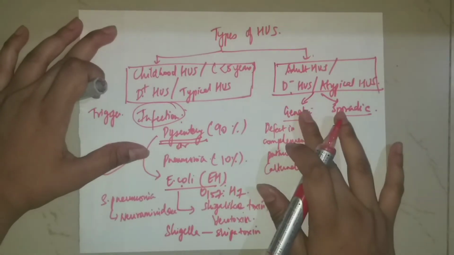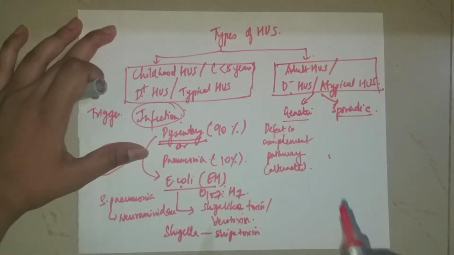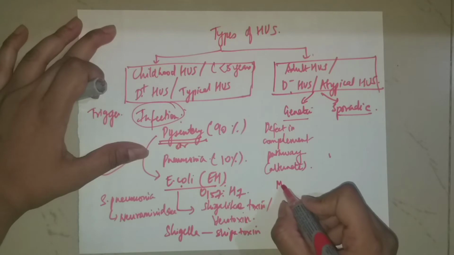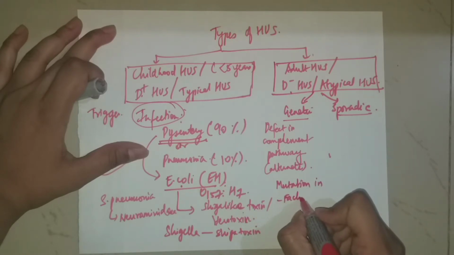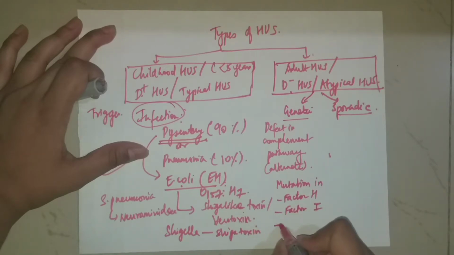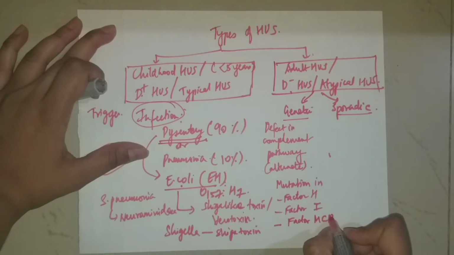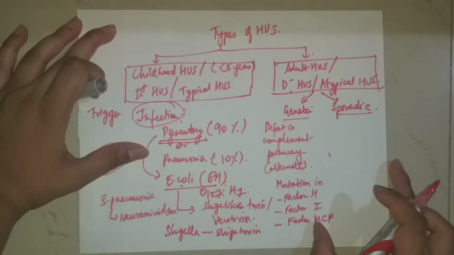Now what type of genetic mutation is it which affects the complement pathway? Mainly there is some mutation in factor H, factor I, or factor MCP. Okay, MCP is membrane cofactor protein.